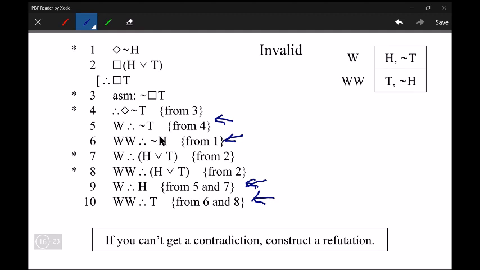So what do you do? If you can't get a contradiction, construct a refutation. This refutation has 2 possible worlds, 2 stories, as it were, W and WW. The W one has not T and H, and the WW one has T and not H. So imagine there are 2 possible outcomes.